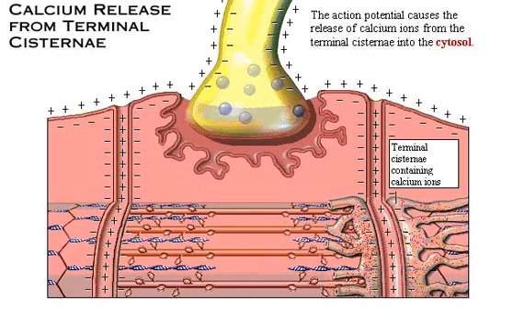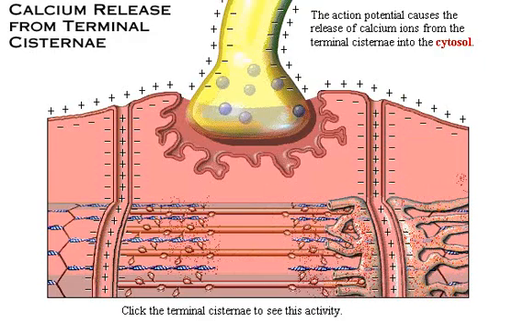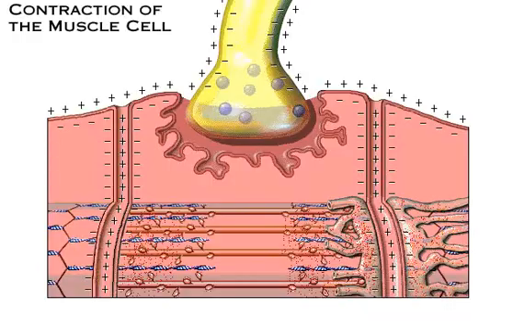The action potential causes the release of calcium ions from the terminal cisternae into the cytosol. Click the terminal cisternae to see this activity. Calcium ions trigger a contraction of the muscle cell.